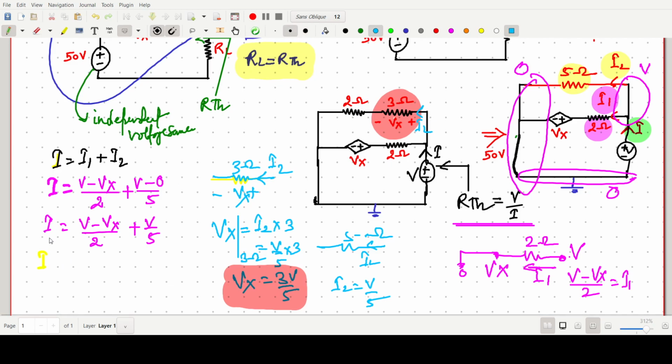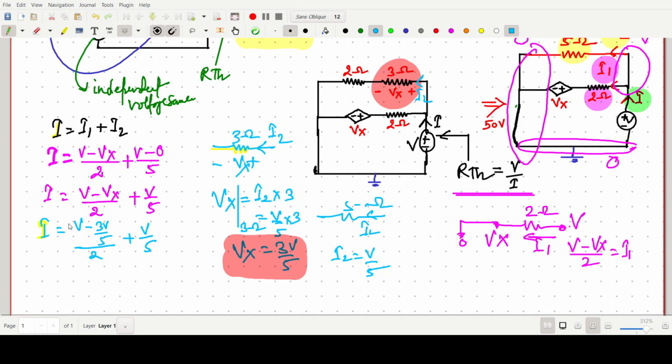The I value equals (V minus 3V by 5) divided by 2, plus V by 5. So now the equation is in I and V form. One can write I equals (5V minus 3V) by 10 plus V by 5.